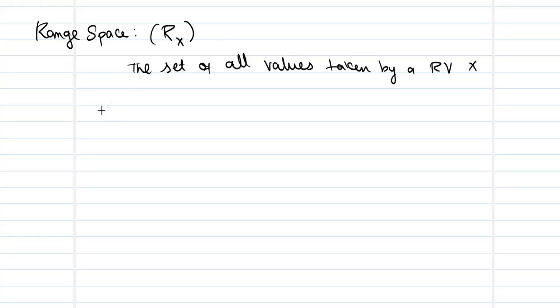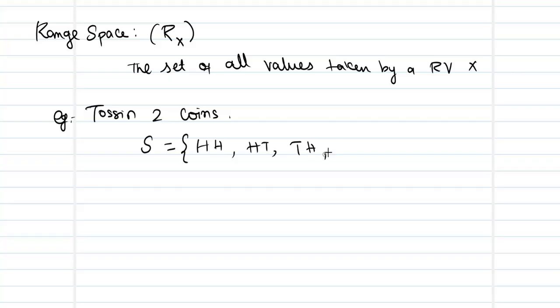Suppose we are considering the example of tossing two coins. What will my sample space consist of? It consists of head head, head tail, tail head or tail tail.